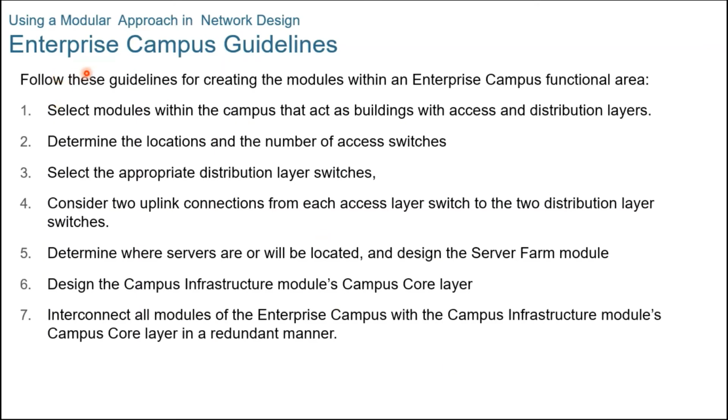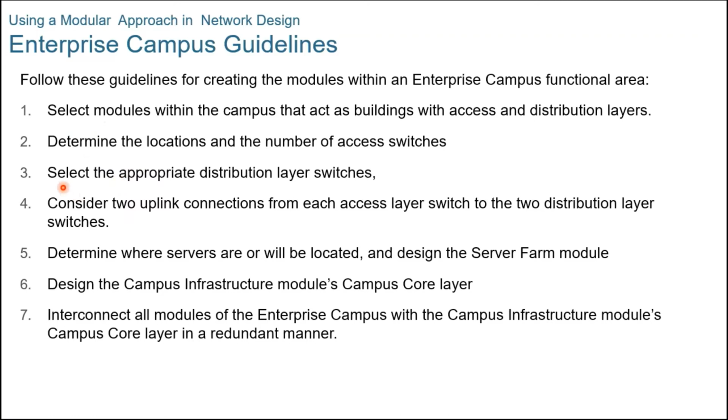Enterprise Campus Guidelines. So we need to follow these guidelines for creating the modules within an enterprise campus functional area. So first, select modules within the campus that act as buildings with access and distribution layers. Second, determine the locations and the number of access switches and their uplinks to distribution layer switches.